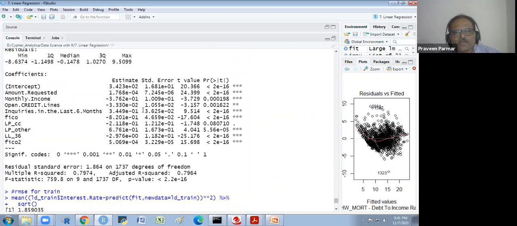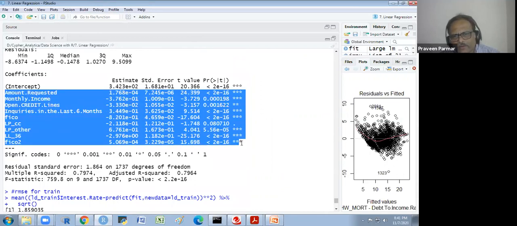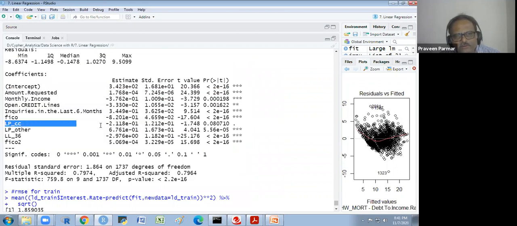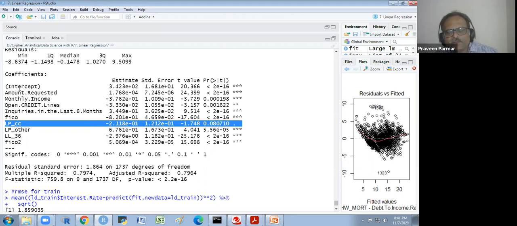So now if we see, we have very few variables. Only these variables are required. Or you could also remove this LPCC if you want. So we have only 1, 2, 3, 4, 5, 6, 7, 8. If I calculate, sorry, just a moment. Amount requested is 1.